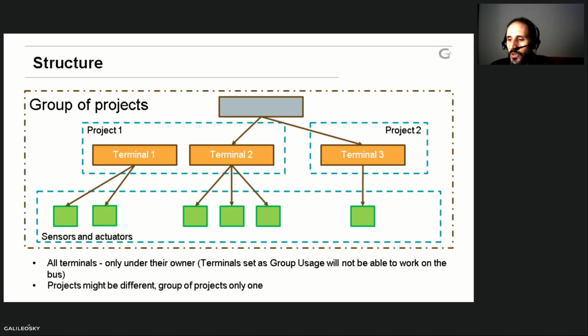And the second limitation is that we can have multiple projects, as I said before, but we can construct just one general group of projects. Only one group, and multiple projects. I gave you the example with 2 projects, but it can be multiple.